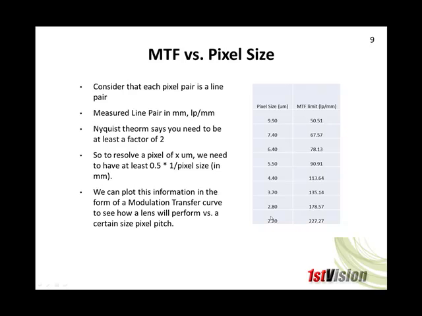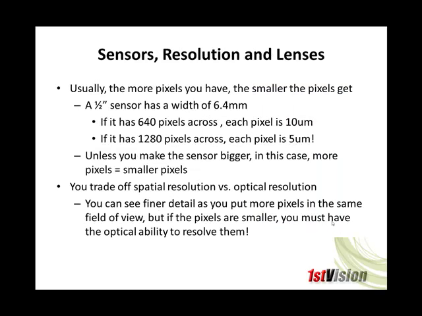At the bottom of the table is 2.2 micron pixels that we find in the 5 megapixel Aptina CMOS sensor. And that requires 227 line pair per millimeter. So we can plot this information and see how a lens will perform against a certain size pixel pitch. Okay, remember these numbers for later on.